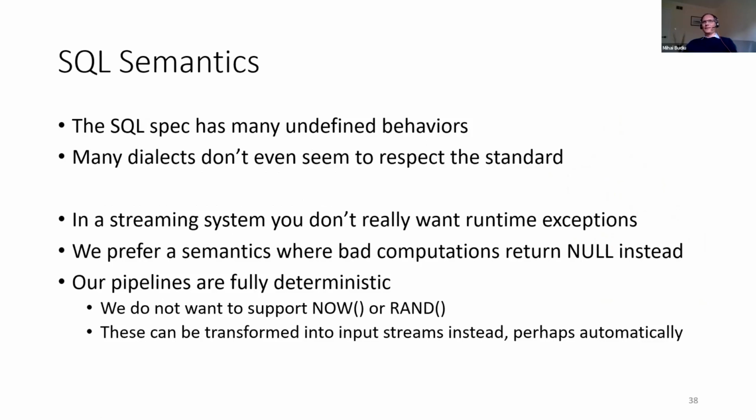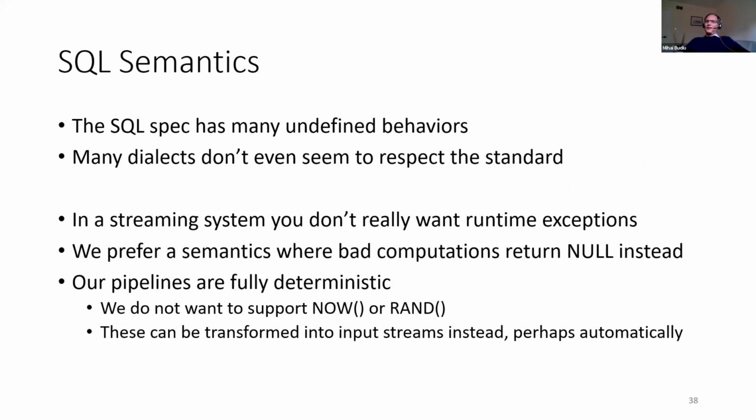And the semantics is also an interesting point. If you read the specs, SQL leaves many behaviors undefined or semi-defined, and I'm afraid the dialects don't even respect the standard. One thing you want to have different in a streaming world is that if you run a pipeline continuously for days or months, you don't want runtime errors.